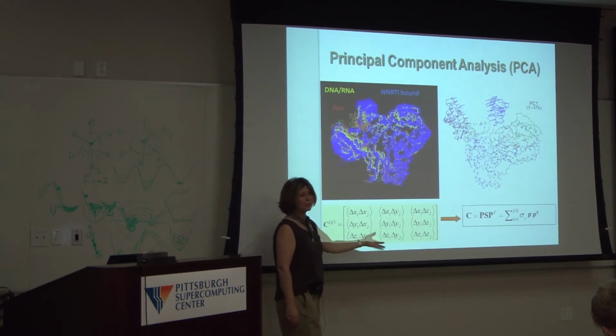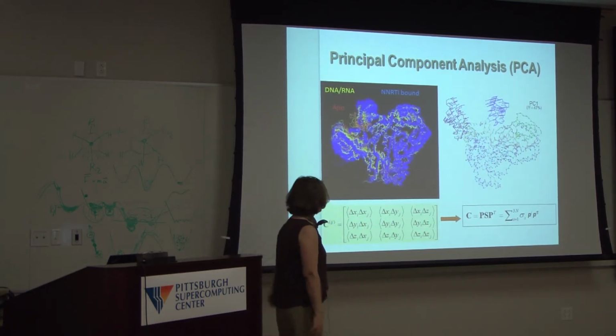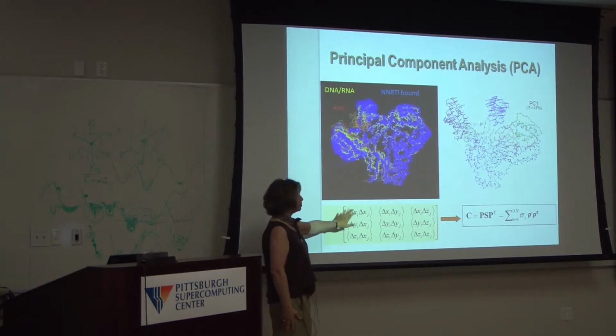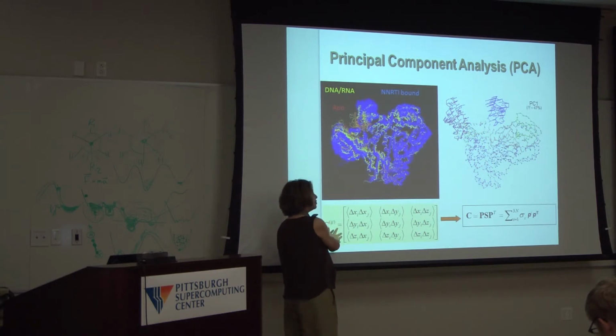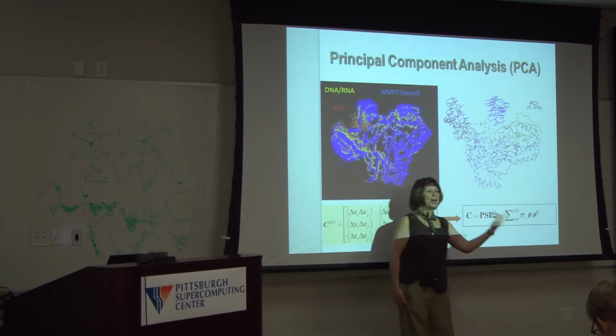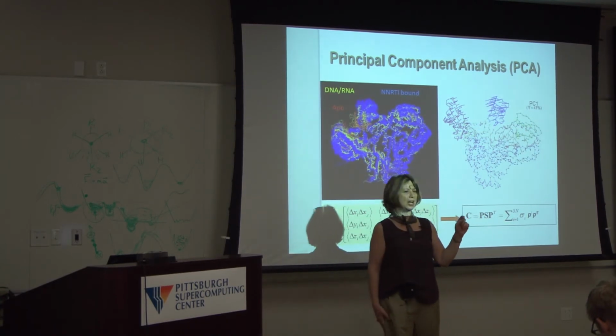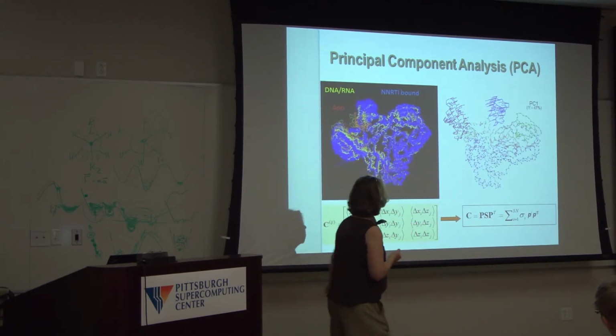Now this covariance matrix, remember the covariance and the Kirchhoff matrix, they are the inverse of each other. So you can either eigenvalue decompose the covariance or the Kirchhoff. But now we want to see from this covariance, purely based on ensembles of structures, what are the principal components, and how those principal components now relate to our modes, okay?